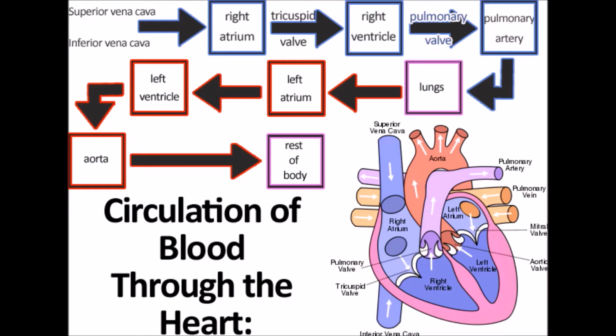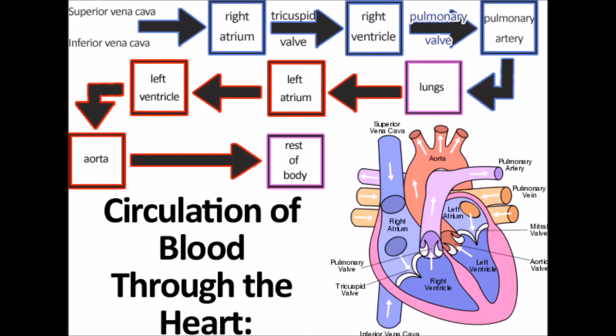As you can see in the diagram, the circulation of blood through the heart starts with the blood passing through the superior and inferior vena cava and entering into the right atrium. Then passing through the tricuspid valve, it enters the right ventricle. Then passing through the pulmonary valve, it enters into the pulmonary artery.